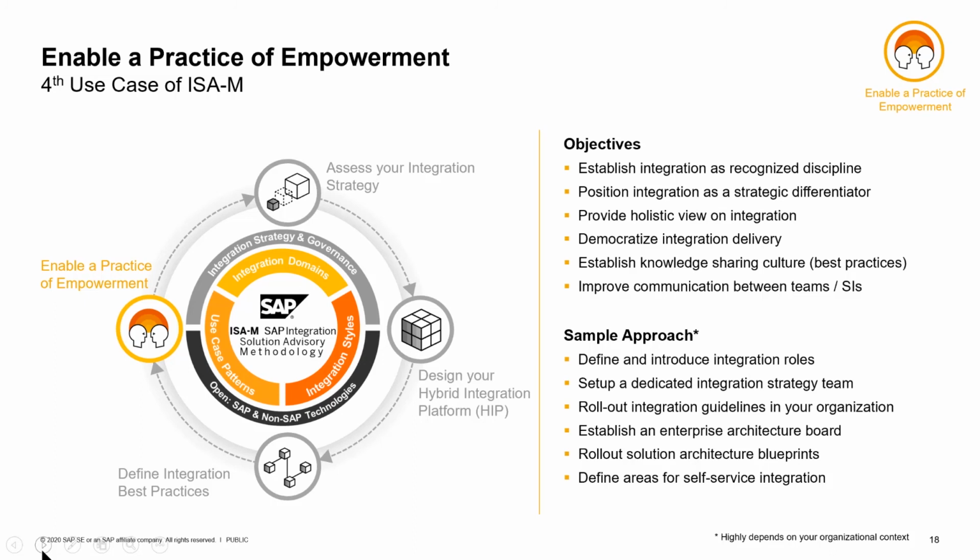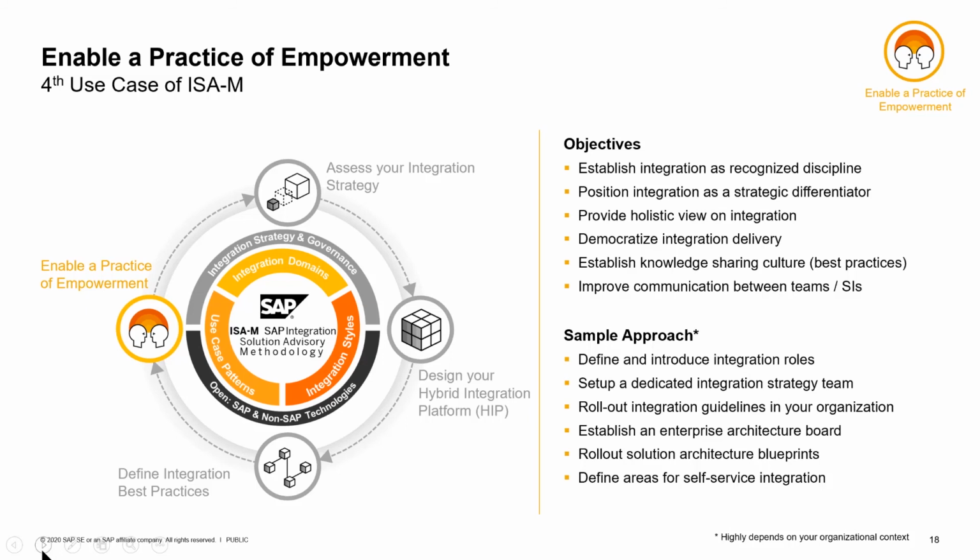You may also improve communication amongst the integration development teams. This can be accomplished by defining and introducing integration roles, setting up a dedicated integration strategy team, and by rolling out integration guidelines in your organization. This also includes the creation of safe services for integration.